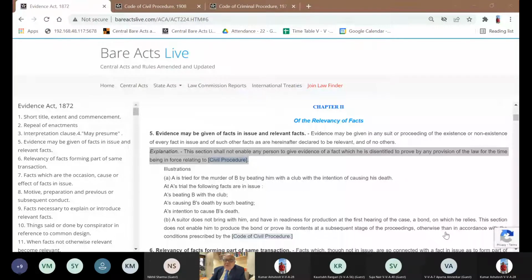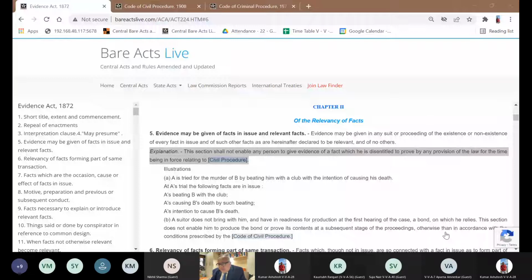Under the Code of Civil Procedure, when you see the scheme of order 10, order 11, order 12, order 13, उसके अंदर बताया गया आपको 12 के अंदर admitted facts need not be proved. Decree court can pass on admission.